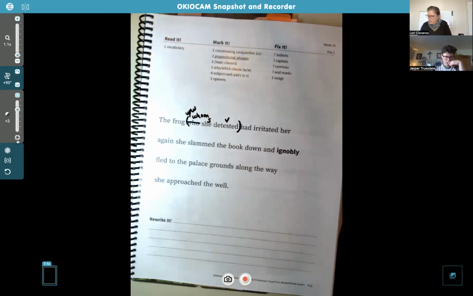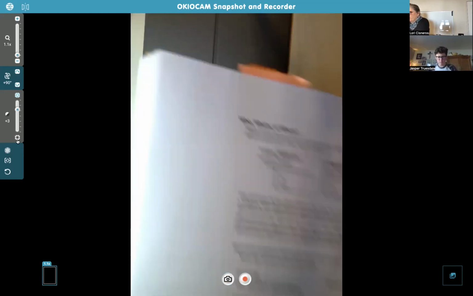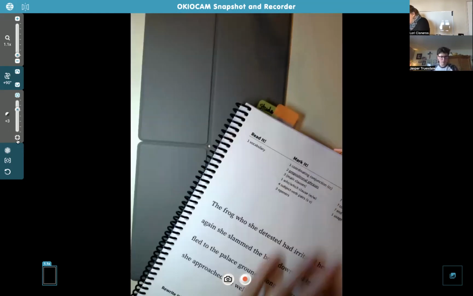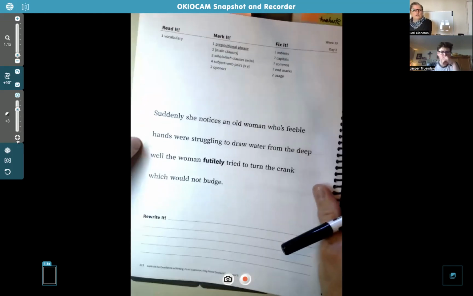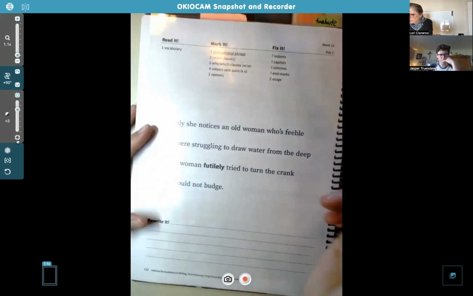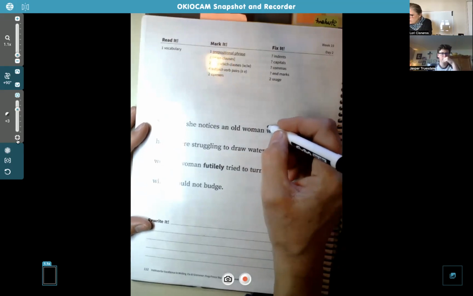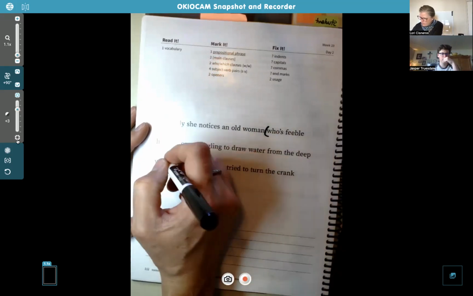Let's just take a peek at the next page too. We'll just look at the who clauses. Let's look at page 112. The who clause says "whose feeble hands were struggling to draw water from the deep well." That's the whole clause.